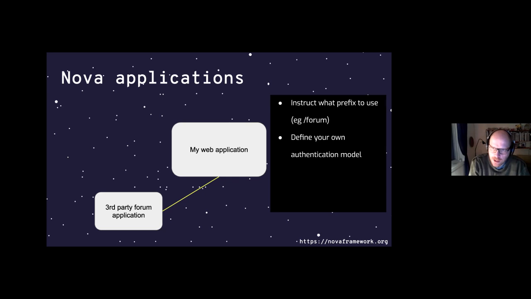So in our case, we could have the prefix /forum, for example, and then all the URLs coming from that certain application get underneath the forum prefix. And of course, you probably want to define your own authentication model as well, if you have a login or OAuth behavior. And that is also reflected in the application that you include.